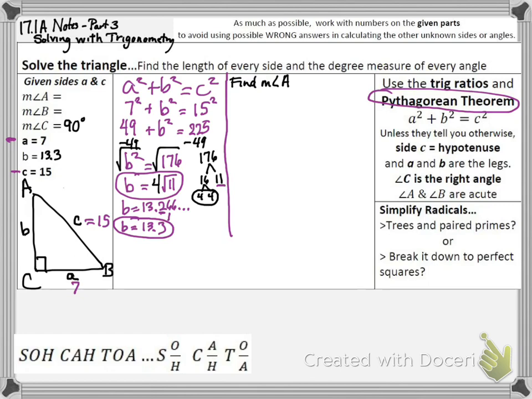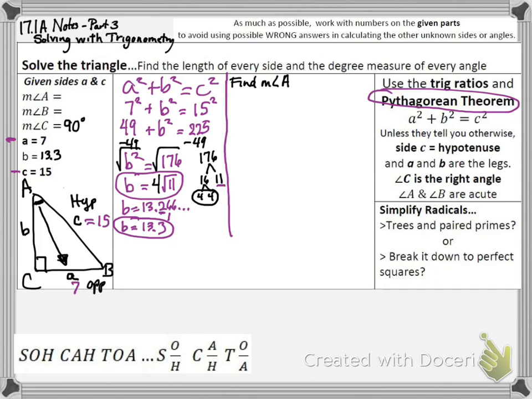So if I want to find angle A, here's angle A, and I want to look at the 2 numbers I know. I do know my hypotenuse is 15, and I know this other side here, which is not touching angle A, it's opposite from angle A, and it's 7. So we're going to call this one my opposite side.